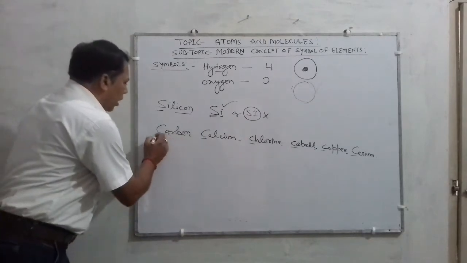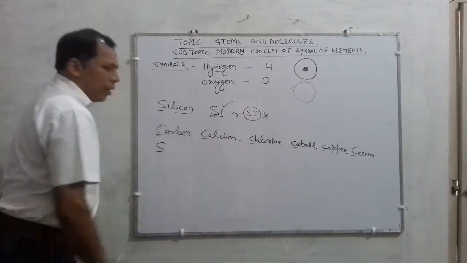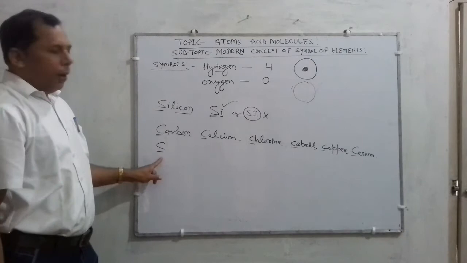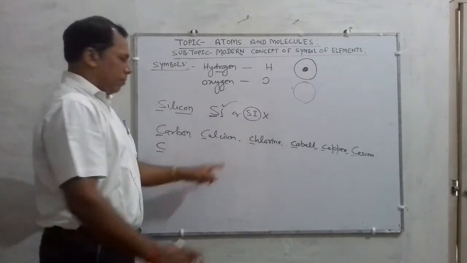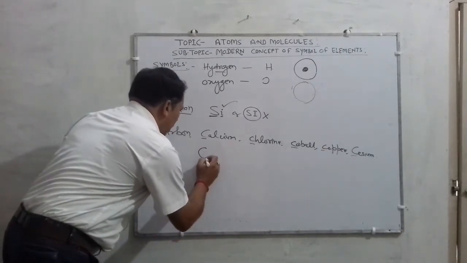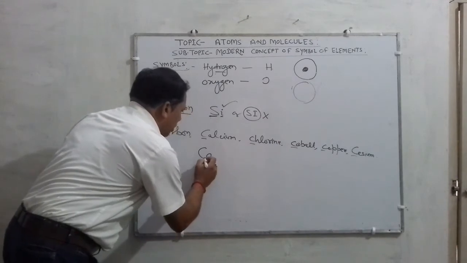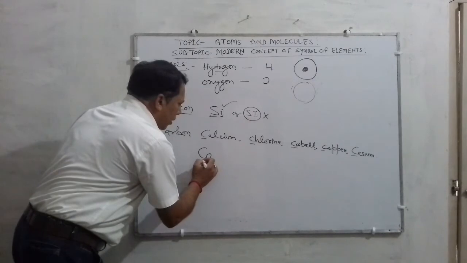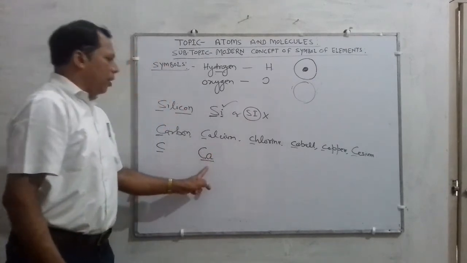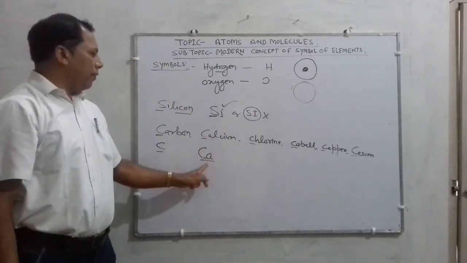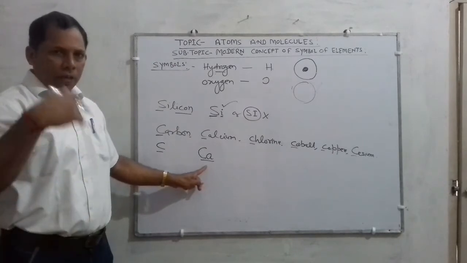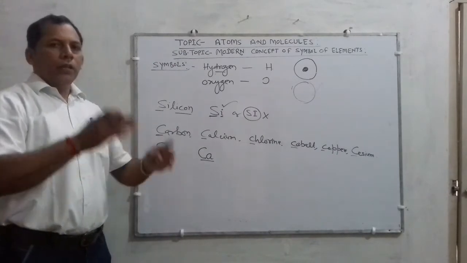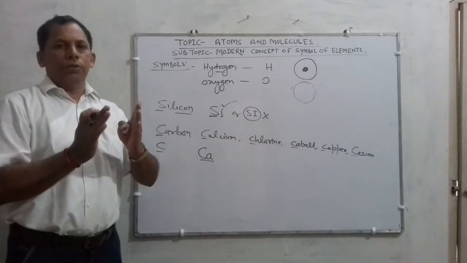Carbon is represented by the symbol C. But in the case of calcium, the symbol will be Ca, in which the first letter is capital and the second letter is small. So Ca represents the symbol of element calcium. That is the meaning of the two-letter system.